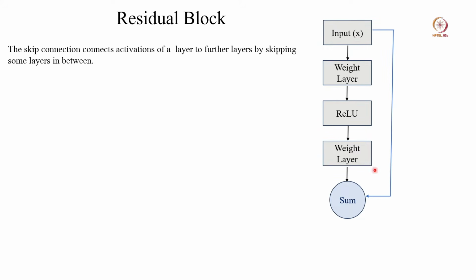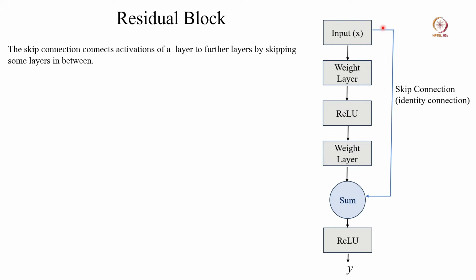Then something happens here. The input x, the full one, comes here and gets added with the output of this weight layer. This is called the skip connection or identity connection, where whatever value we get from this weight layer is added to x, and then we get a summed value, and that summed value passes through the ReLU, and then we get the output.